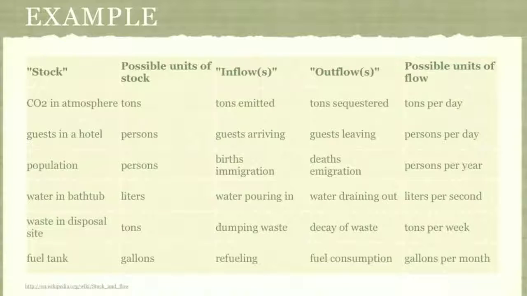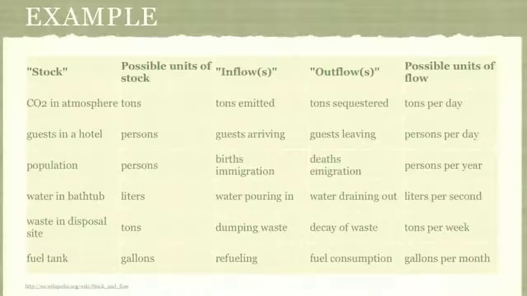And the outflow would be tons sequestered. You could do that either through CO2 sequestration in power plants, where you capture the CO2, pump it into the earth, or do other things with it, or by planting large forests and so on. And a possible unit of flow is then, for example, tons per day. So you see, stock are tons and flow tons per day. And this repeats in all the other examples again.